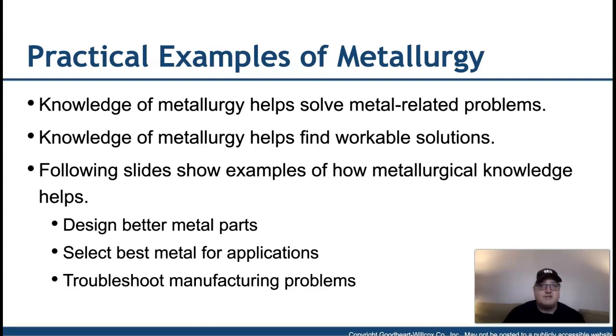What is the best method to actually produce that part? We've got all sorts of different manufacturing processes that we can use. Are we going to make it out of bar stock, round stock, square stock, plate, sheet? Certainly, we can make the part out of different types of raw material, but how will that starting material shape that we get from the mills impact the actual part in its working performance?